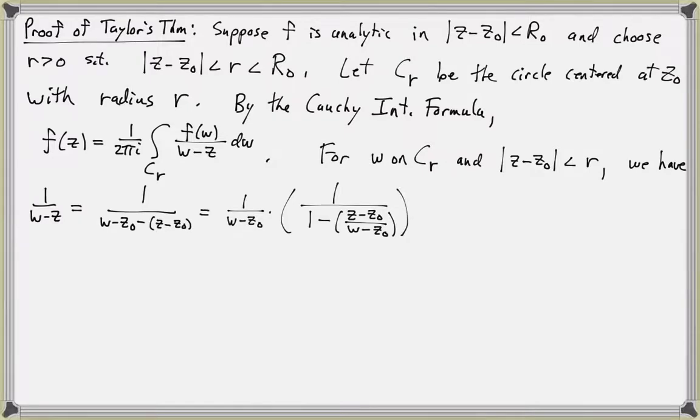Now notice that the quantity (z minus z0) over (w minus z0) should be less than 1.